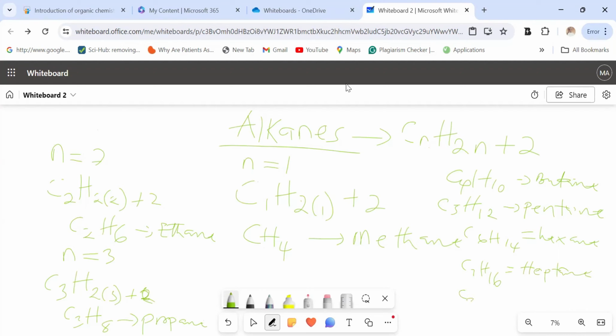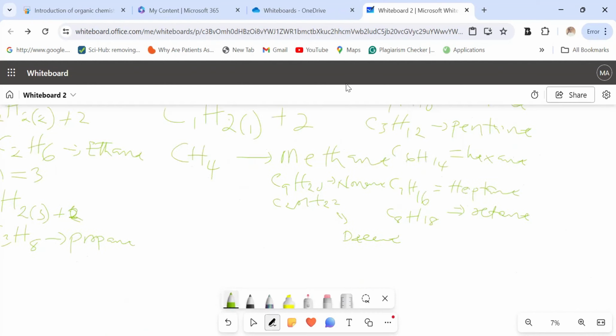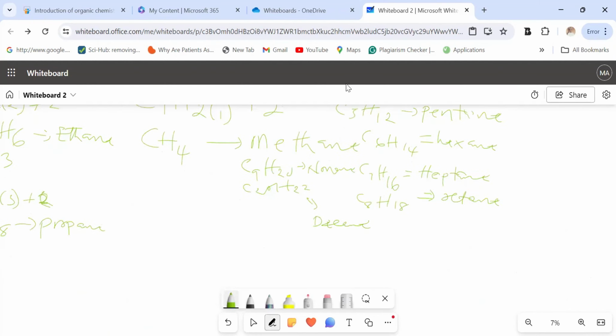We have C8H18, octane. Then we have C9H20, and that is nonane. Then we have C10H22, that is decane. So this is actually the first 10 members of alkane.